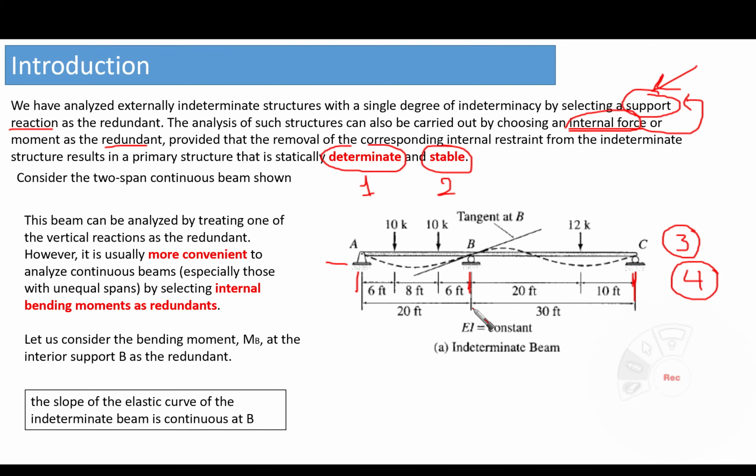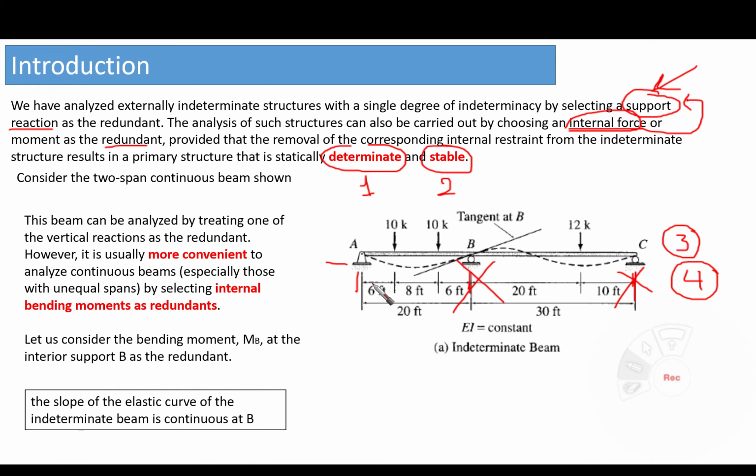From this system we can say it is once statically indeterminate. We can simply remove one of the vertical reactions. We can remove, for example, this restraint or this restraint, any one of them, and then we are going to render our system determinate and stable as well, right?